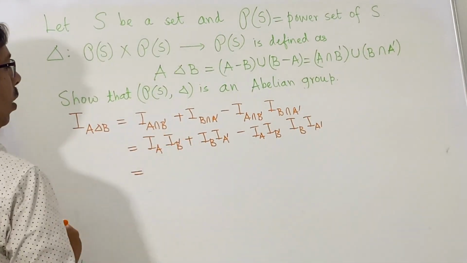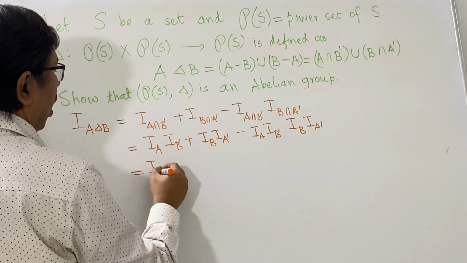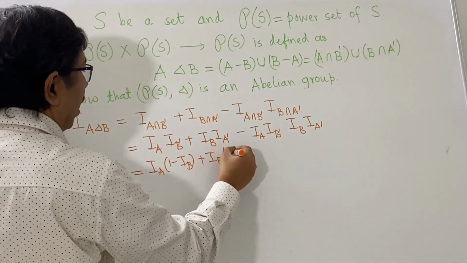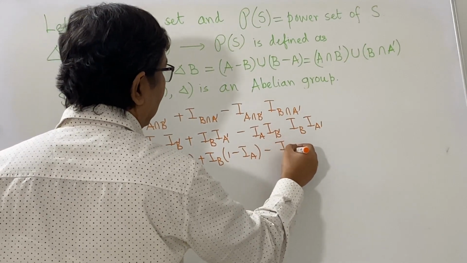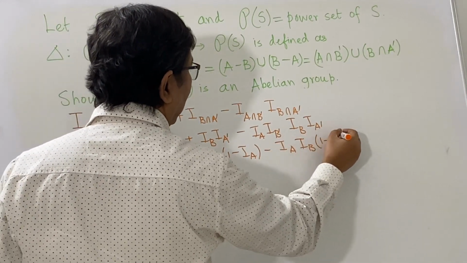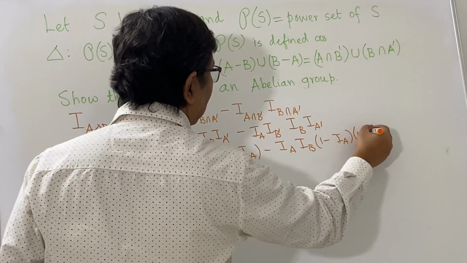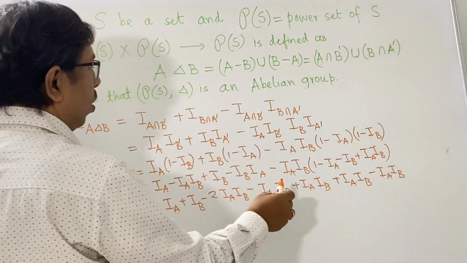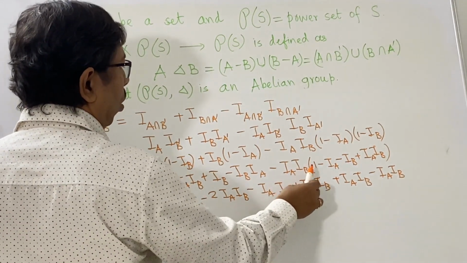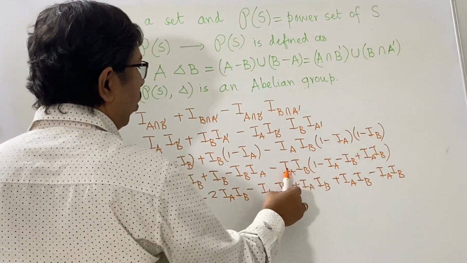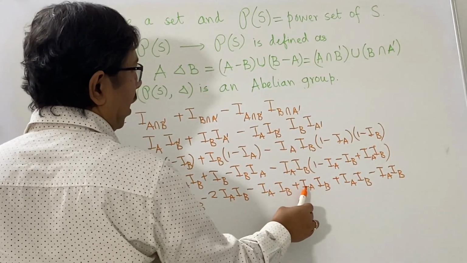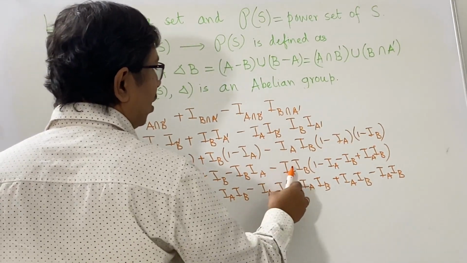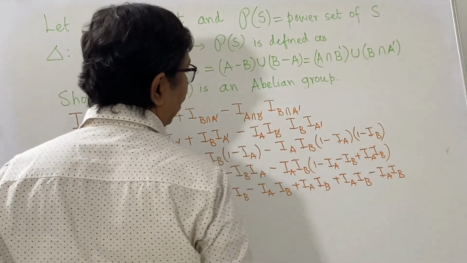And I_B complement is 1 minus I_B. So I_A times (1 minus I_B) plus I_B times (1 minus I_A) minus I_A I_B times (1 minus I_B) times (1 minus I_A). So simplifying, here we have used the fact that if you multiply I_A with I_A I_B, we get back I_A I_B, because I_A takes values only 0 and 1, and similarly for the next, and the same for the last term also.